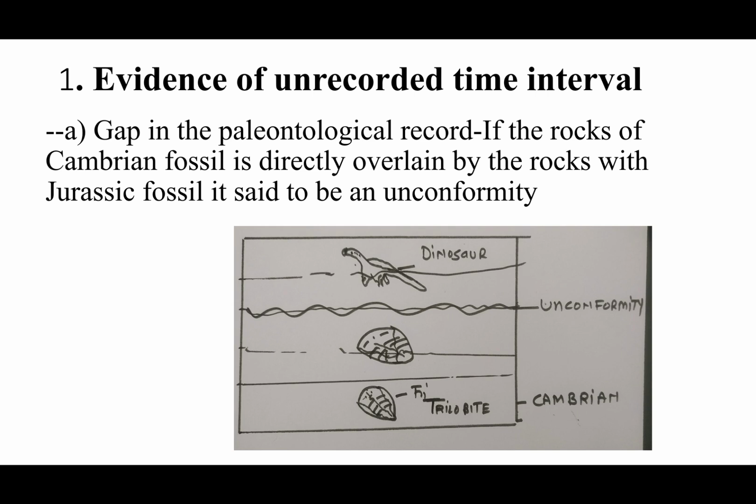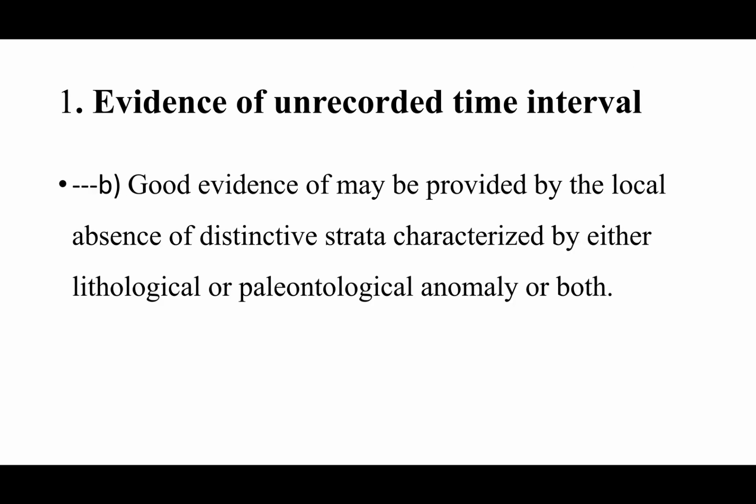So here fossils can be used to find an unconformity in the field, and this criterion is very useful and widely used. The second method geologists use to find an unconformity is the gap in the stratigraphic record.